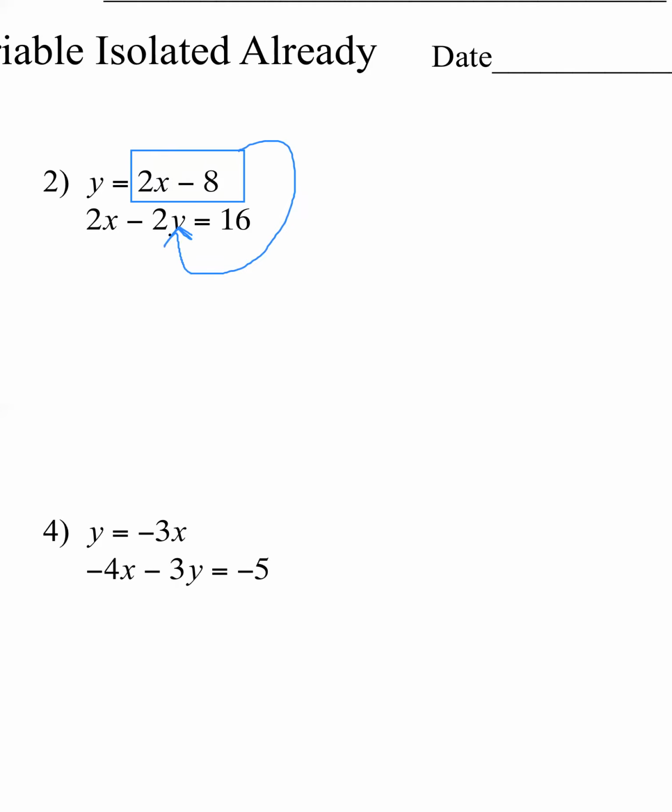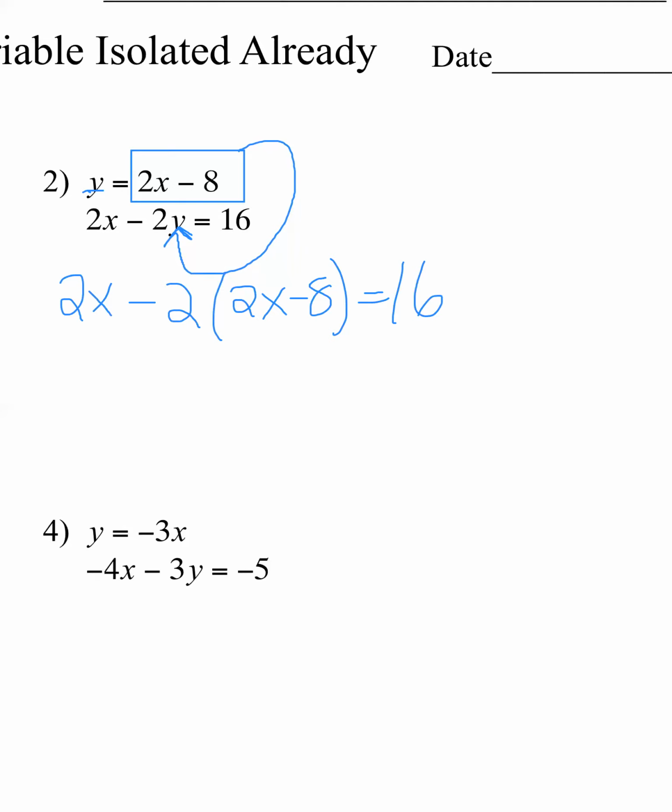Because it's y that's equal to all of this. So when I go to rewrite that second equation, instead of writing y, I'm going to write everything that's in that box. So it's going to look like this: 2x minus 2 times everything that y is equal to, 2x minus 8, equals 16.